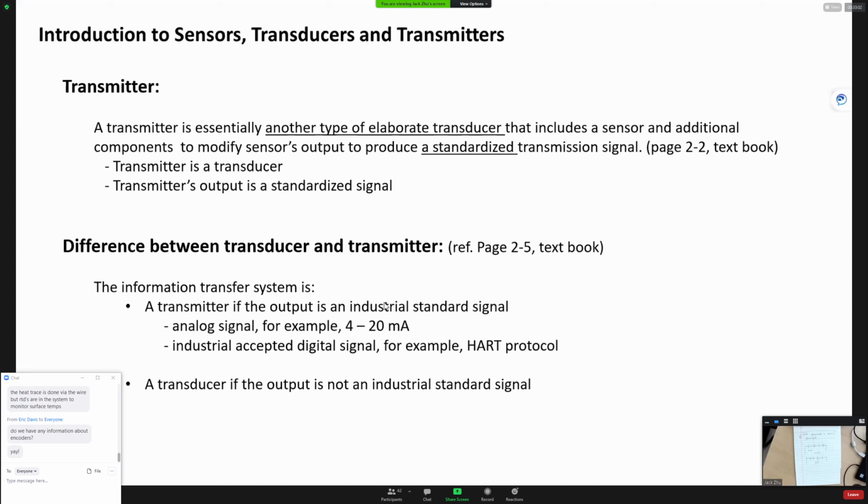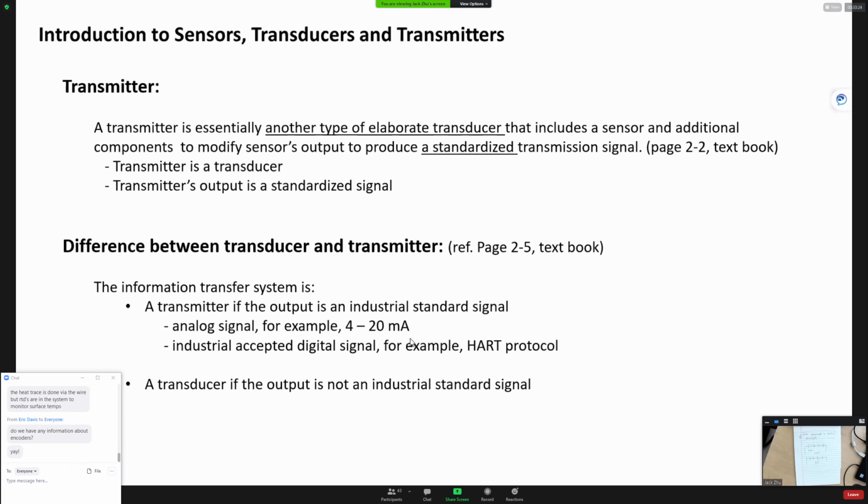So here, yesterday we were talking about transmitters giving out standardized output. This 4 to 20 milliamp is very common, especially when the new digital communication technology wasn't so popular.